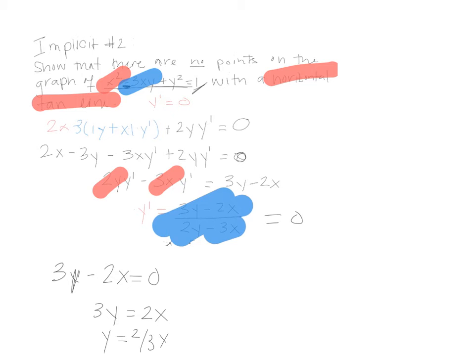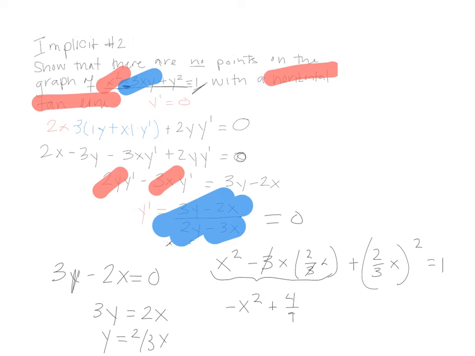If that's the case, I plug this into my original equation and get x squared minus 3 times x times 2/3 x, plus (2/3 x) squared, equals 1. With some simplification, the 3 divides out, and I end up with x squared minus 2x squared, which is negative x squared, plus 4/9 x squared, equals 1.